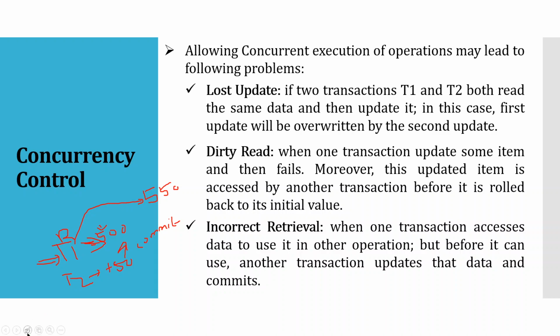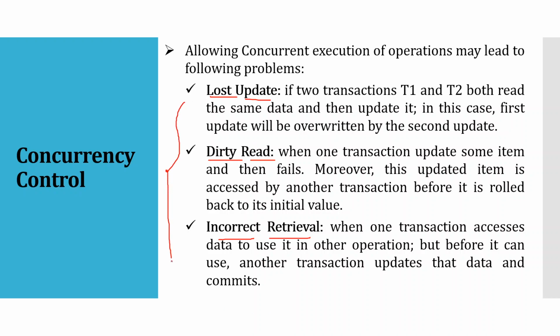So if we are allowing concurrent executions, we will have three main problems, that is lost update, dirty read and incorrect retrieval. Either your update data will be lost, or you will get invalid data, or you will retrieve invalid values. So these are the problems that are faced by concurrent execution of the operations.